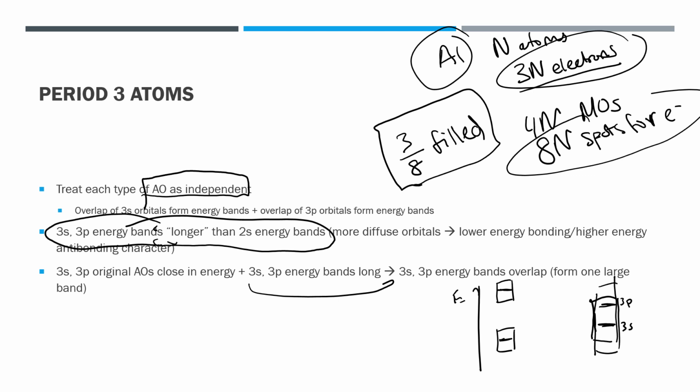What we're going to find is that these 3s and 3p energy bands overlap, and they're just going to form one large band, because they're closer in energy and individually have longer bands. And this is why with aluminum we were able to take both the 3s and 3p and combine them into one. We just said there are 4n MOs, because we could take 3s and 3p as similar orbitals when they combine. They're very similar in energy and their bands just fuse together because of this.